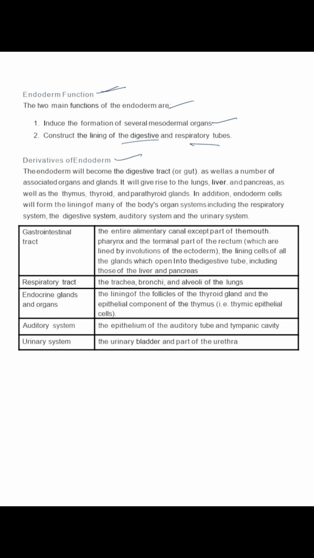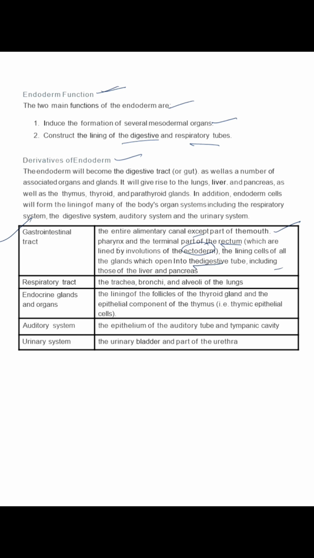You can see derivatives, the gastrointestinal tract, that is the digestive system, the entire alimentary canal except the part of the mouth, pharynx and the terminal part of the rectum, which are lined by the involution of ectoderm. Okay, the lining of the cells of all glands which open into the digestive tube, including the liver and the pancreas.